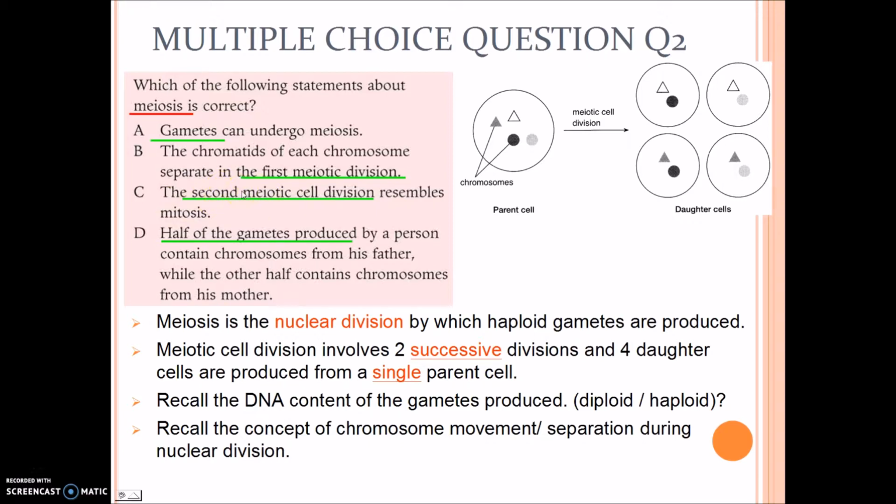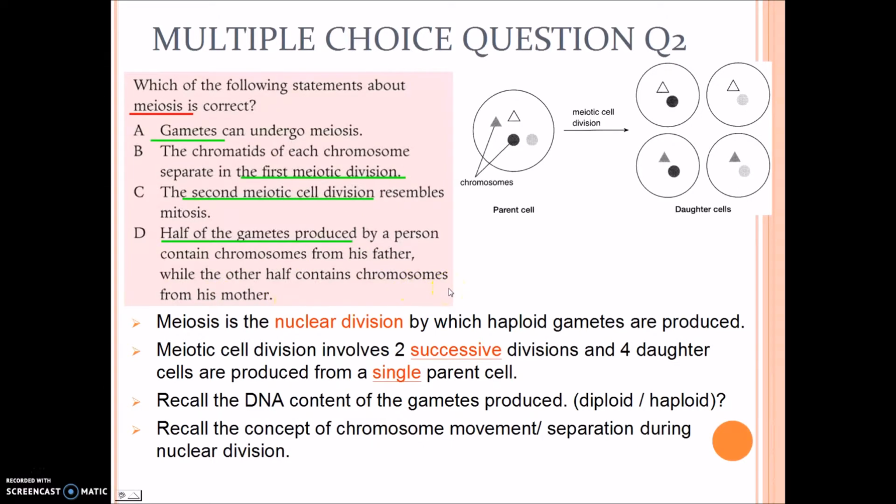So I would like you to check the diagram, the pictures, the sequence, and the chromosome behavior in meiotic cell division. And for option D, half the gametes produced by a person contain chromosomes from the father, while the other half contain chromosomes from his mother.